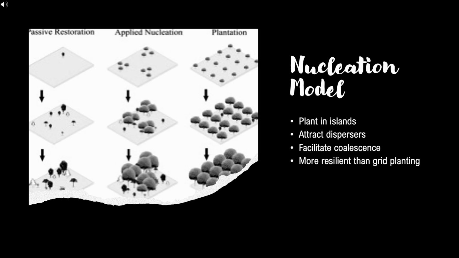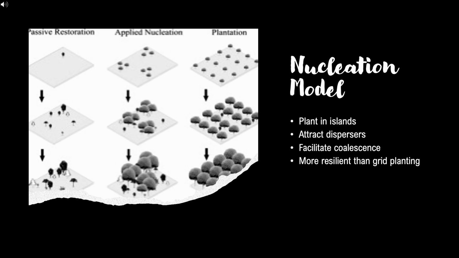The nucleation model takes a different approach. Instead of planting everywhere at once, you plant in clusters, little islands or nuclei of trees scattered across the site. These clusters grow and develop more quickly than isolated individual plantings, creating patches of shade and microclimate that facilitate the establishment of more species.